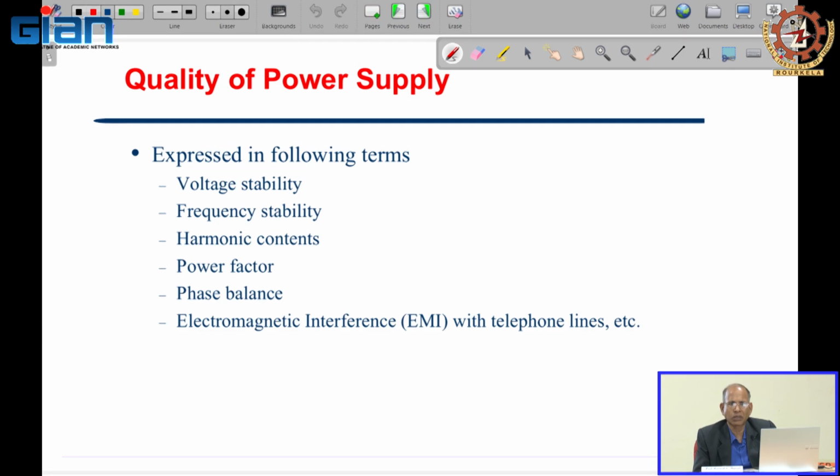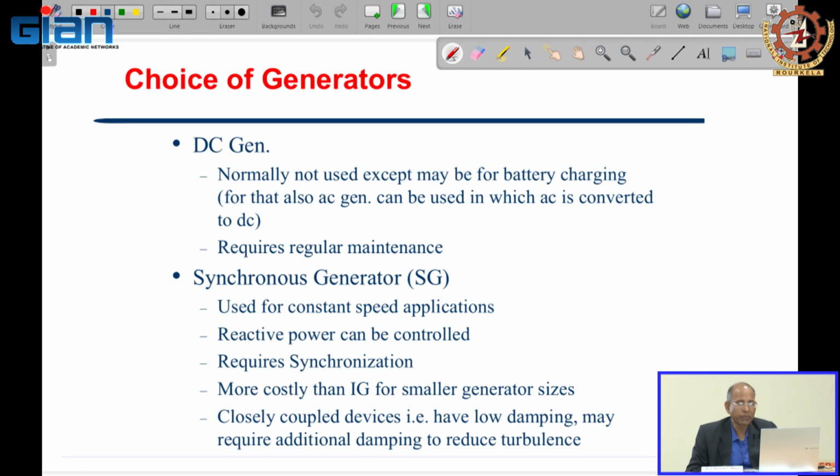Then some other quality parameters are harmonics within the limits, power factor reasonably high, phase balancing, and electromagnetic interference. So these are some of the quality parameters we expect in the power system.